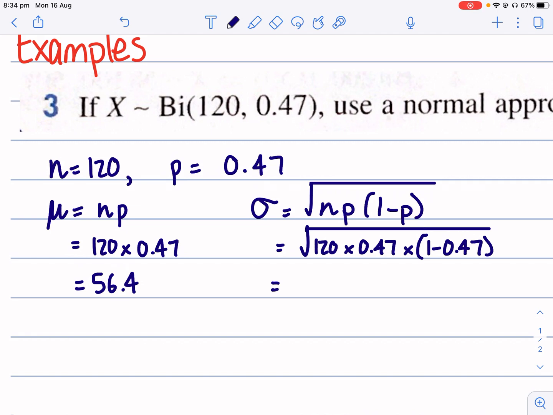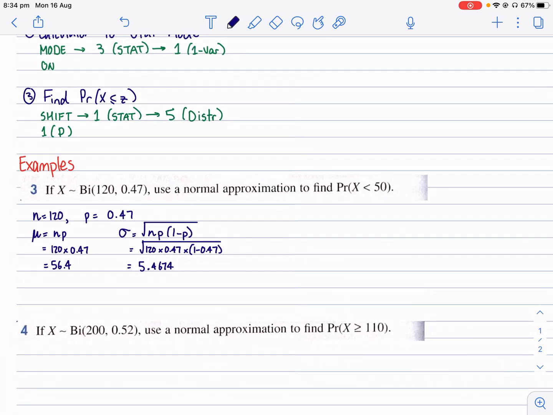And then we get 120, 0.47, 1 minus 0.47, 5.4674. Just 4 decimal places will do. We want to be fairly accurate.